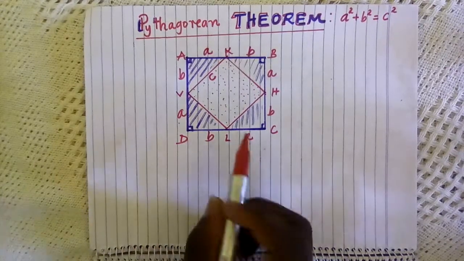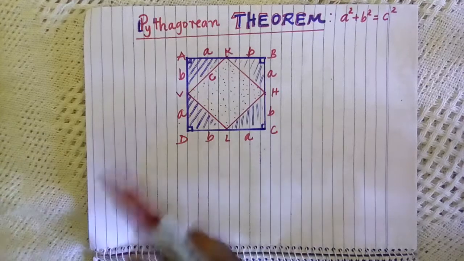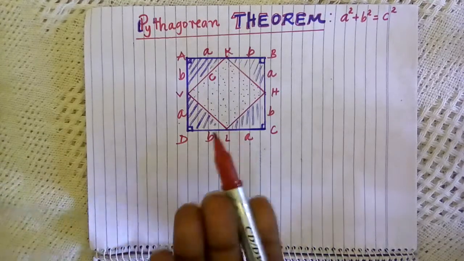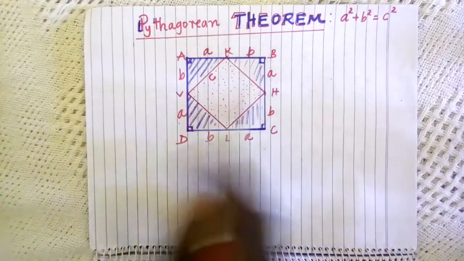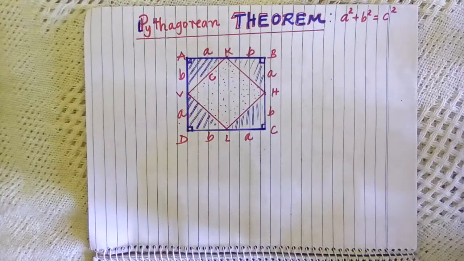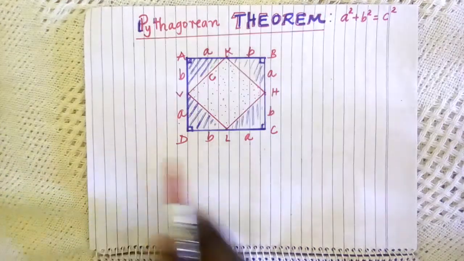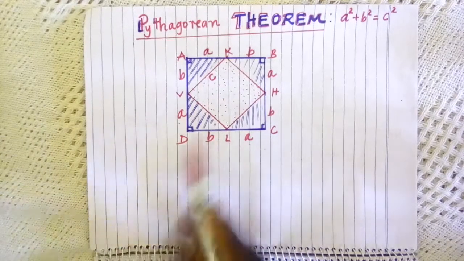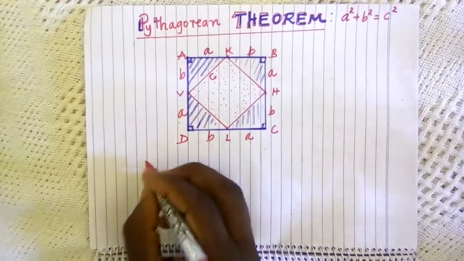Basically we have to find the area of the three figures. Actually there are two kinds of figures, because the first two are squares and the other one is the right angle triangle. So let's find the area of the square ABCD.